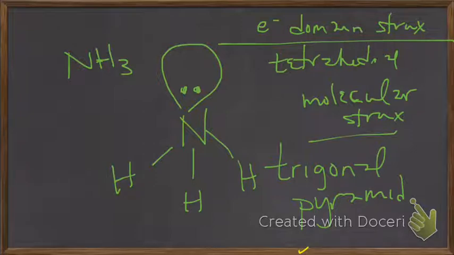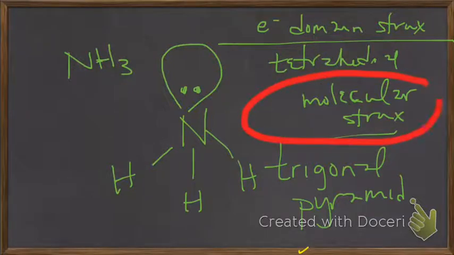Okay, so for an electron domain structure, or electron domain geometry, you're looking at all the electron domains. For a molecular structure or molecular geometry, you do not include lone pair electrons. So let's look at this example in a prettier sense than what I can draw.